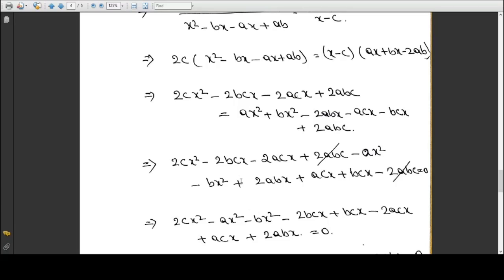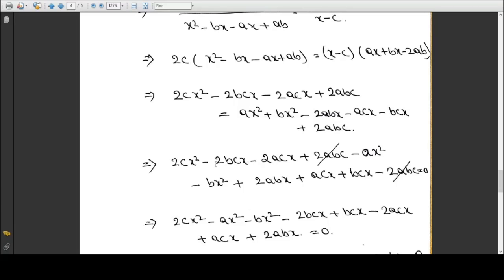Then you look for the x. You have minus 2bcx, then minus acx. Now look, this bcx, you have another bcx here also.